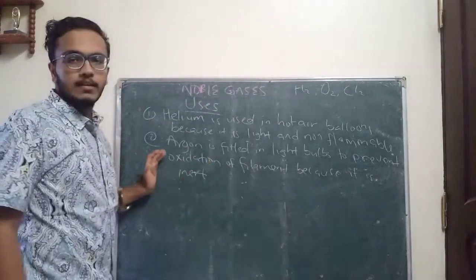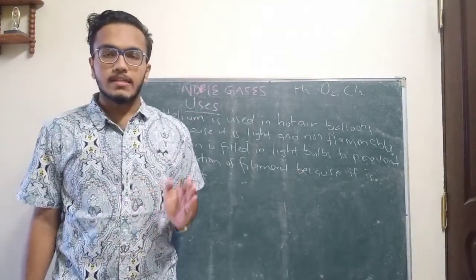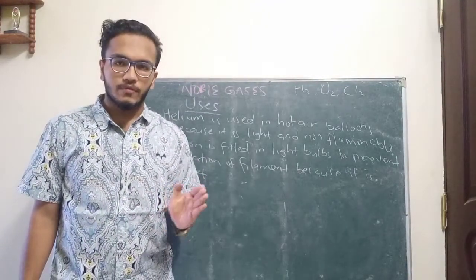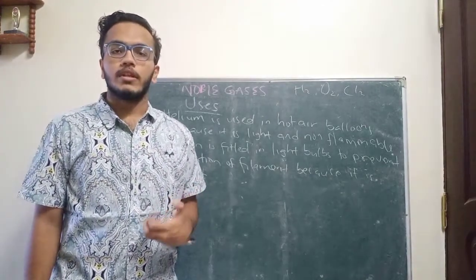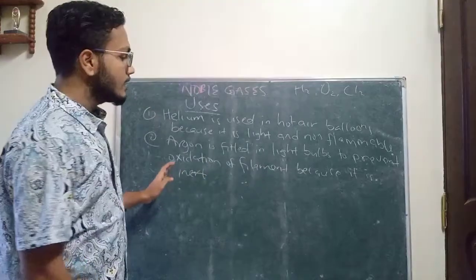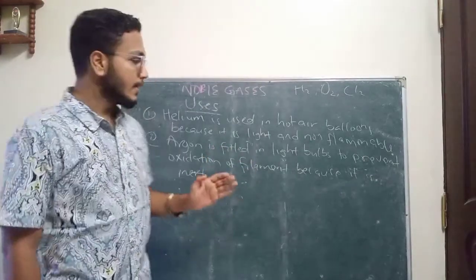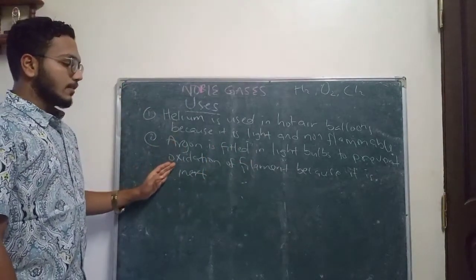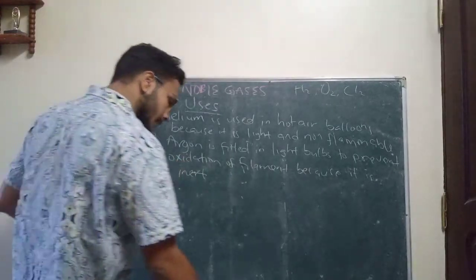What do I mean by inert? Inert means it is non-reactive. Argon being stable, having an electron configuration of 2,8,8, having octet stability, it is very difficult for argon to react because it does not lose or gain any electrons. Since it is inert, it prevents the oxidation of filament. The filament does not react with oxygen, hence it secures the filament and prevents its oxidation.